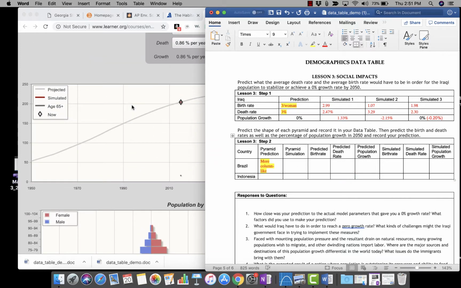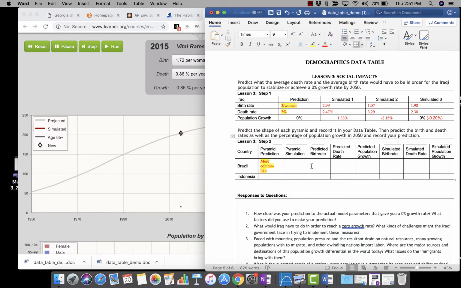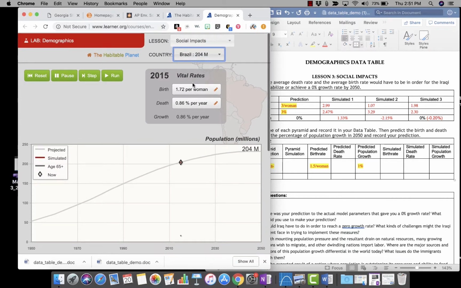And then my predicted birth rate, what are we at now? 1.72. Let's do like 1.5. And then predicted population growth, we're at 0.86 now. Let's just do a nice even 1. Okay, now let's run it to 2050 and see what happens.